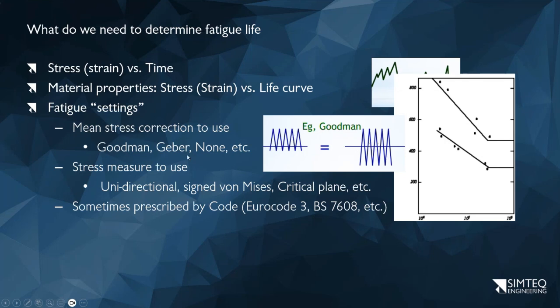We also need to pick which stress measure to use. What is typically assumed when you do fatigue is unidirectional. In other words, pretend we've got a strain gauge stuck at the location we're interested in, and we're using the stress in the direction of the strain gauge. But there's options like signed von Mises, critical plane, signed absolute principal, and so on.